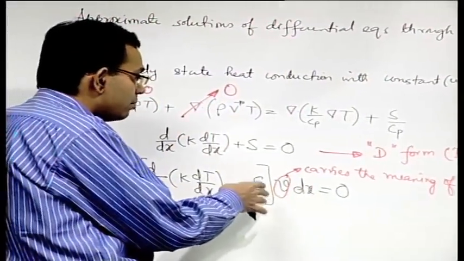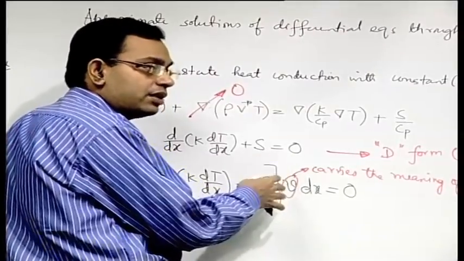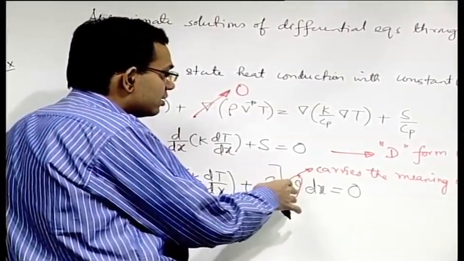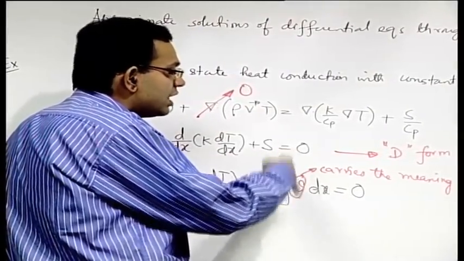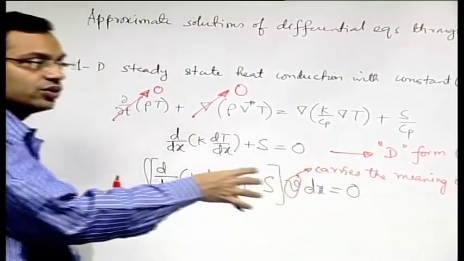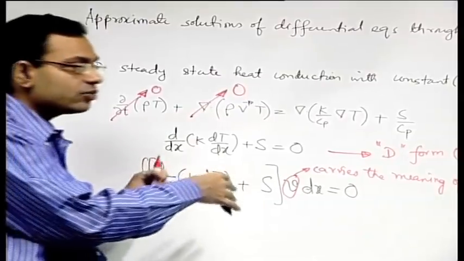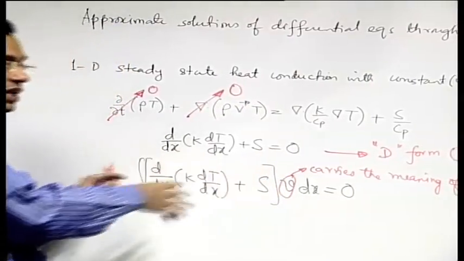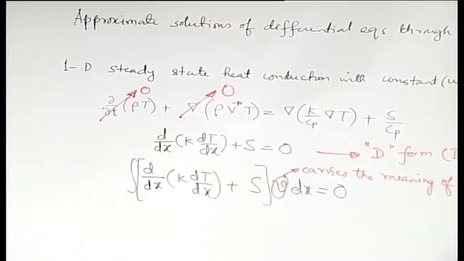We have multiplied it with a variational parameter which carries the meaning of variation in the dependent variable, integrated it over the domain and set it to 0. We will see subsequently why we do it physically, but first let us try to understand the principle.